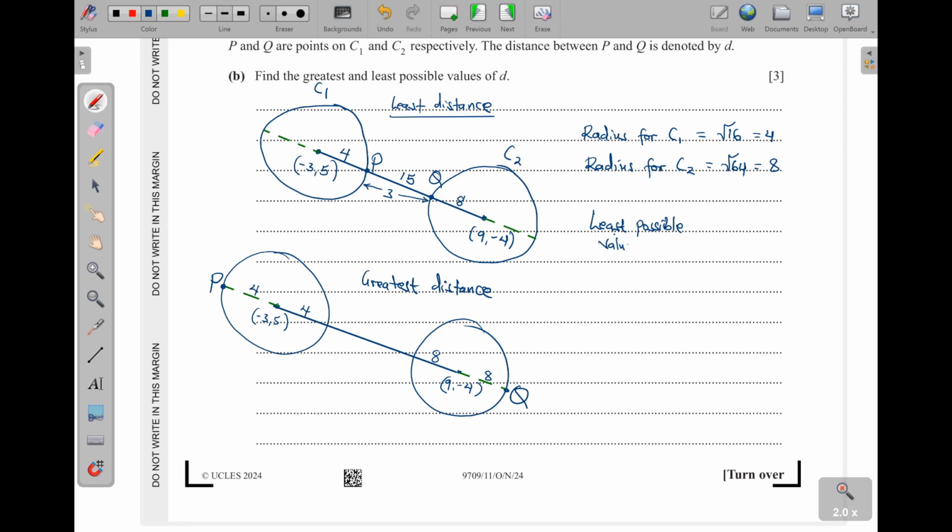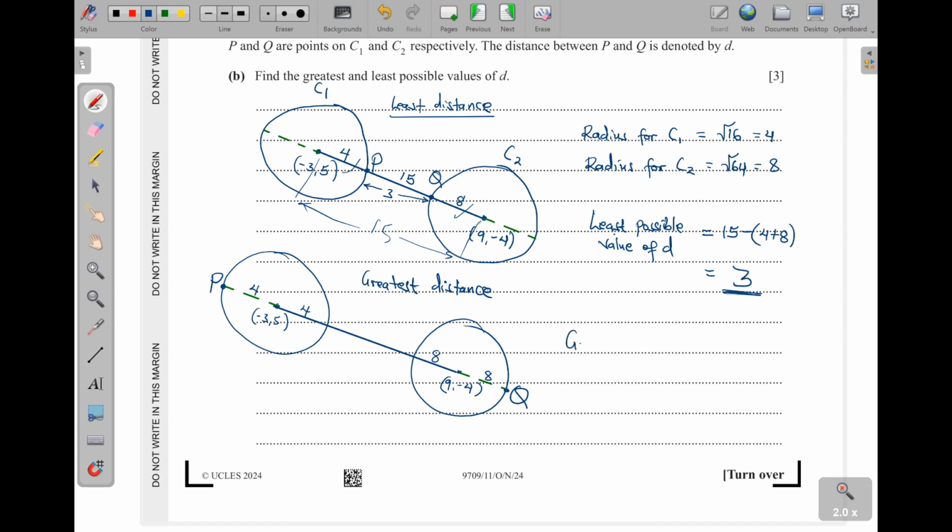Let me just write what they have given me. Value of D is going to be equal to 15. Then we subtract. We are getting the whole of this 15. We subtract the radius here and the radius here. So 4 plus 8, which is 12, and the result is actually 3.